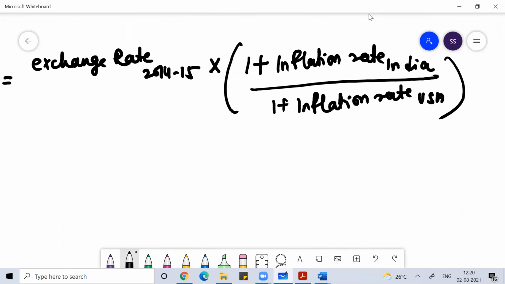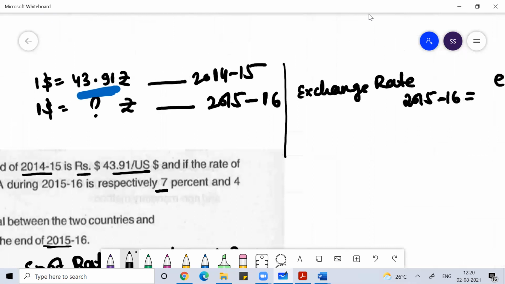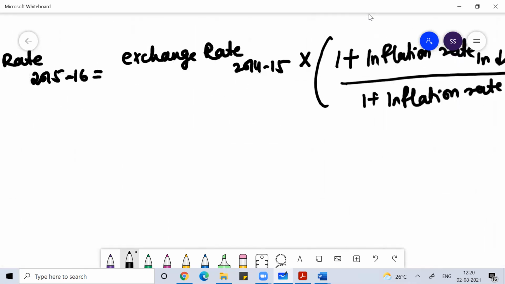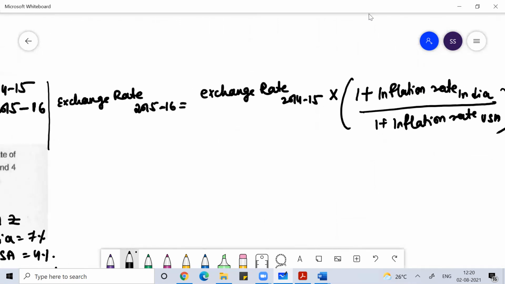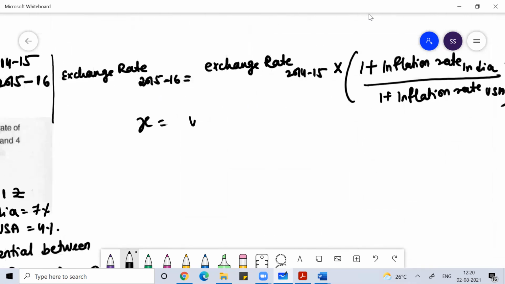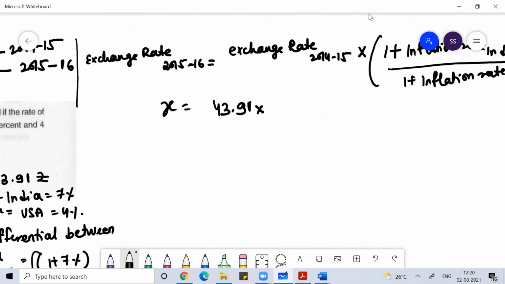So the exchange rate at the end of 2014-15 is 43.91. Suppose the exchange rate at the end of 2015-16 is X. X is equal to 43.91 into 1 plus inflation rate of India divided by 1 plus inflation rate of US.